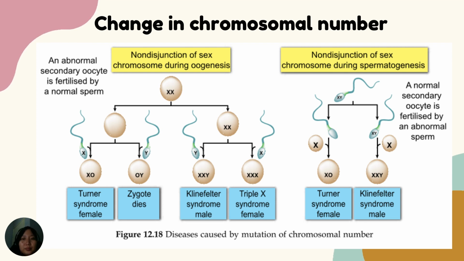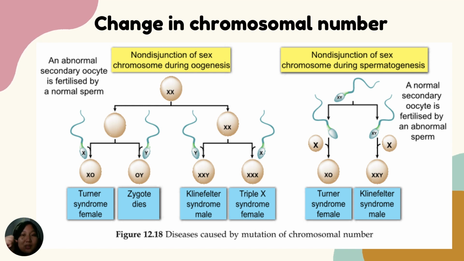All right, so what happens when non-disjunction happens to the chromosomes during spermatogenesis? Same situation: supposedly XY will split up into X and Y, but this time non-disjunction happens, it doesn't split up as X and Y, it continues to be combined as XY.